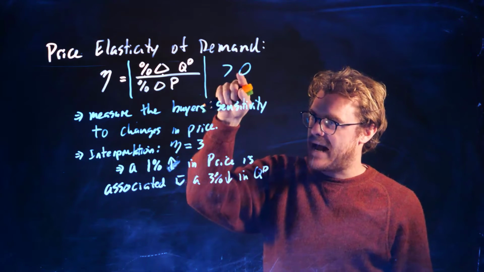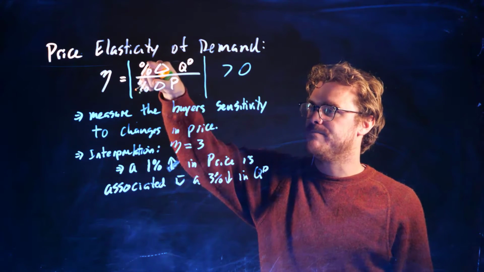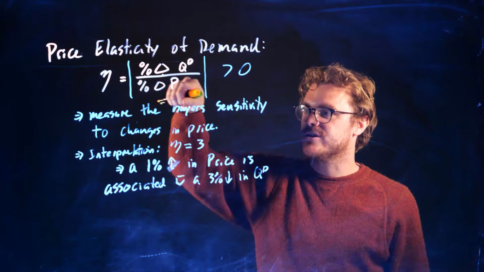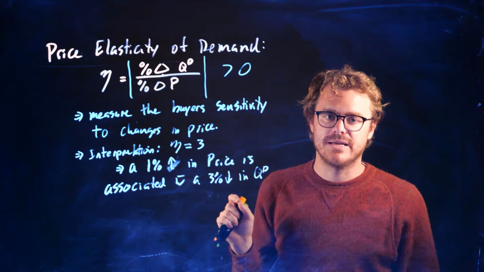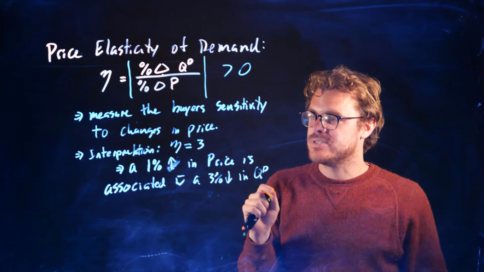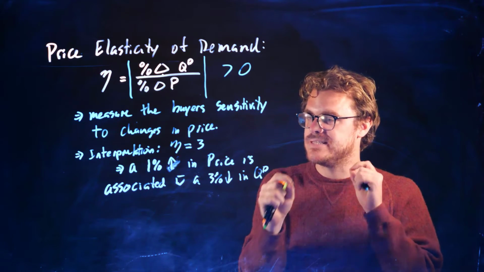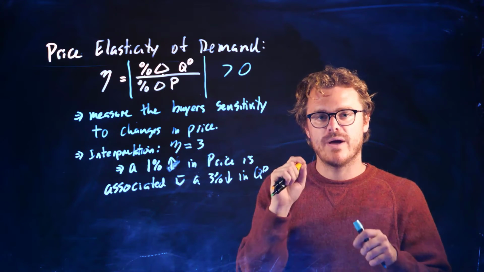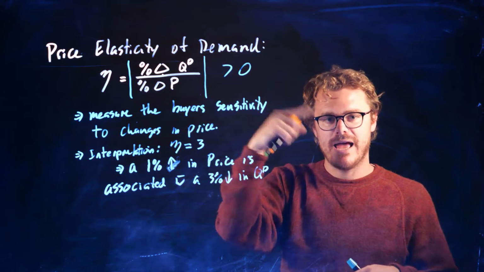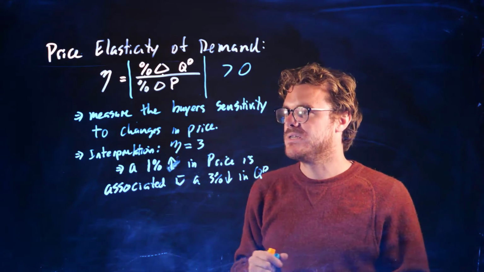But let's talk about how we calculate this fraction. In particular, we're going to use the midpoint method to calculate this. And that's because we just want the elasticity to be the same both ways, if we calculate between point A and B or B and A. So let's talk about that.